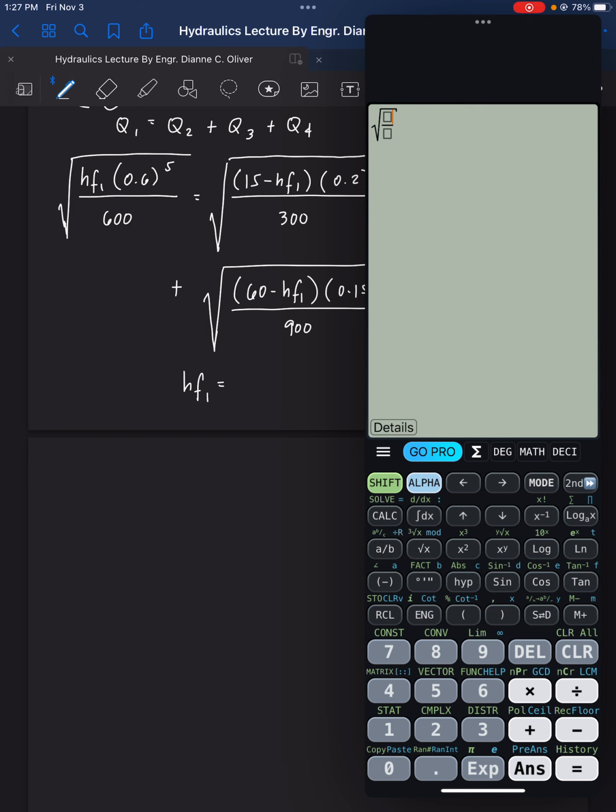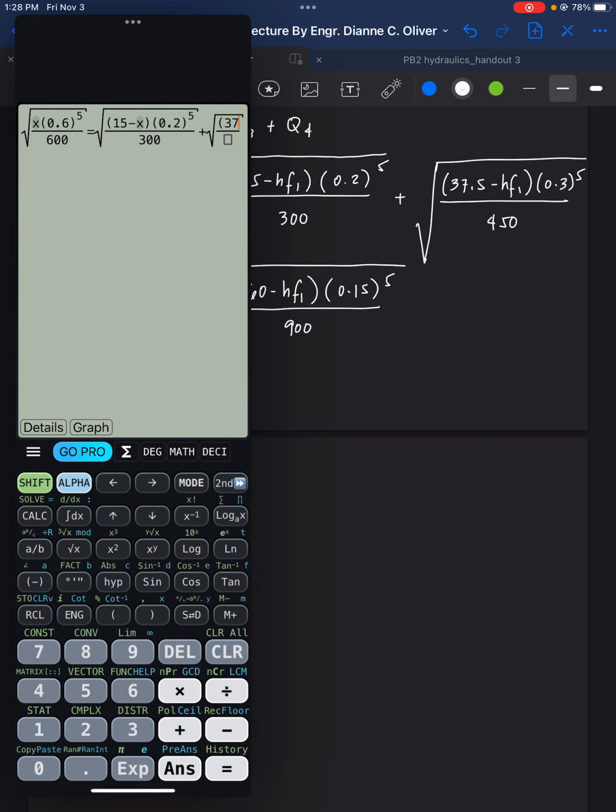So square root of alpha x times 0.6 raised to 5 over 600, equals square root of 15 minus alpha x times 0.2 raised to 5 over 300, plus square root of 37.5 minus alpha x times 0.3 raised to 5 all over 450, plus square root of 60 minus alpha x times 0.15 raised to 5 all over 900.